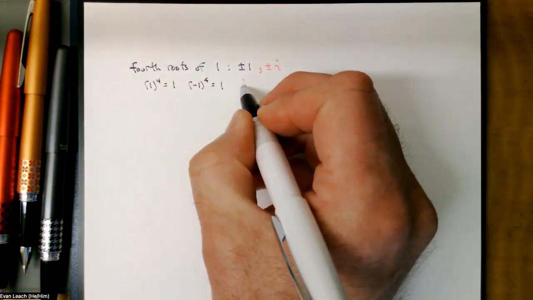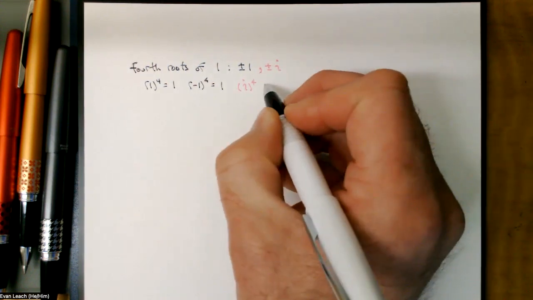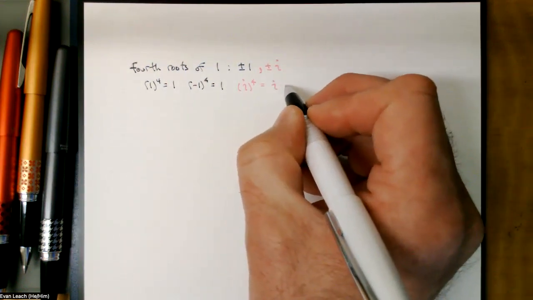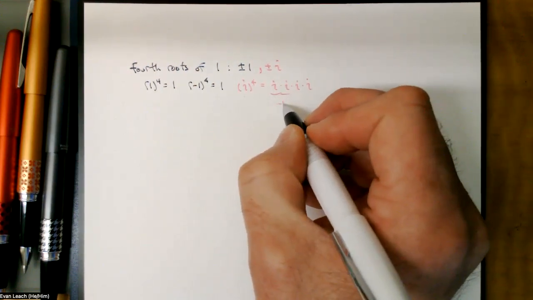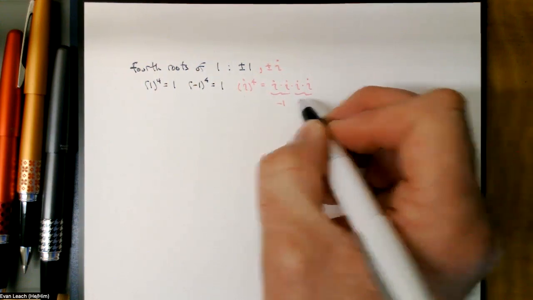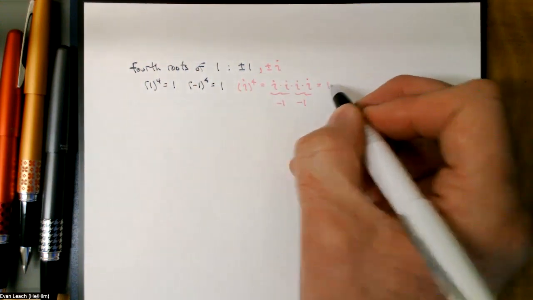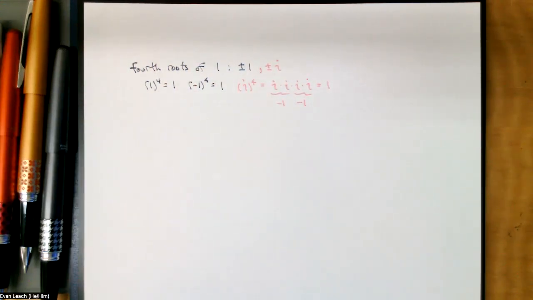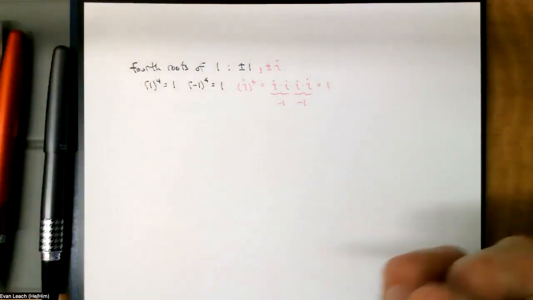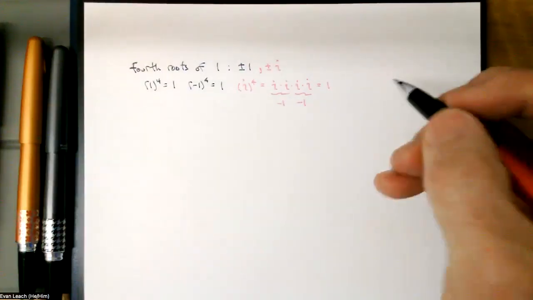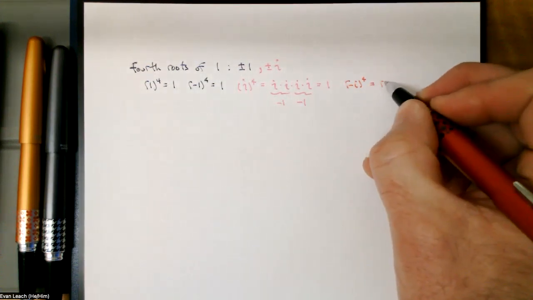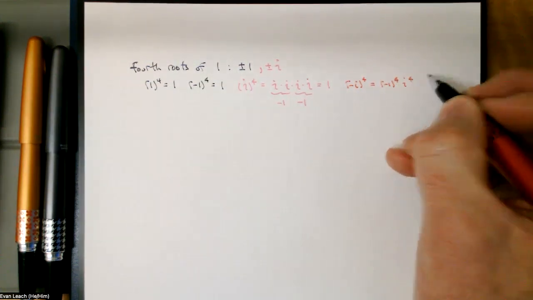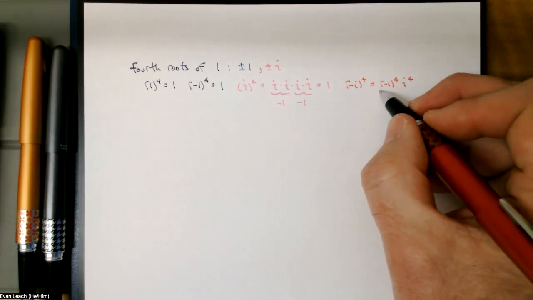If I take i to the 4th power, that's i times i times i times i. i times i is i squared, which is -1. i times i is i squared, which is -1. -1 times -1 is +1. And if I grab a negative i to the 4th power, I get a -1 to the 4th times an i to the 4th. -1 to the 4th is 1.